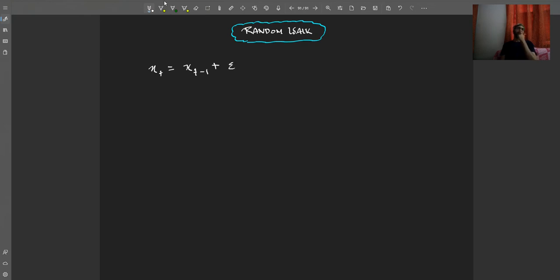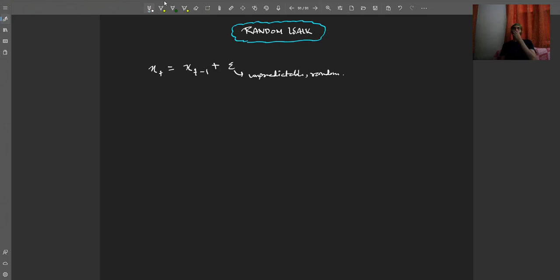And this is unpredictable and random both. Basically random, unpredictable, you can interchange the meanings of them. They mean basically the same thing. Unpredictable or random, right? So this is the equation of a random walk.